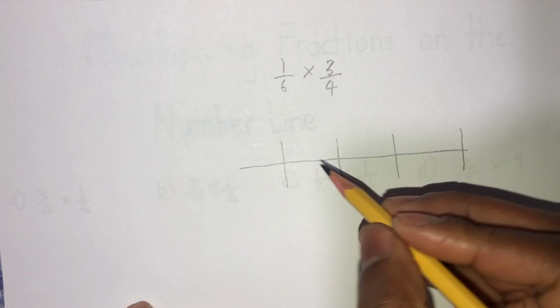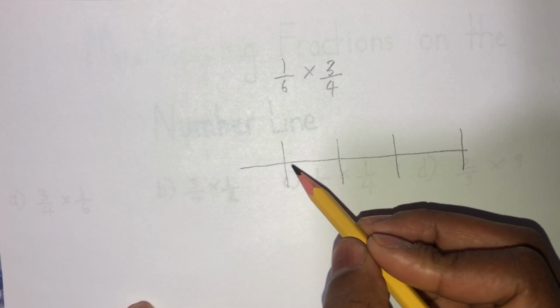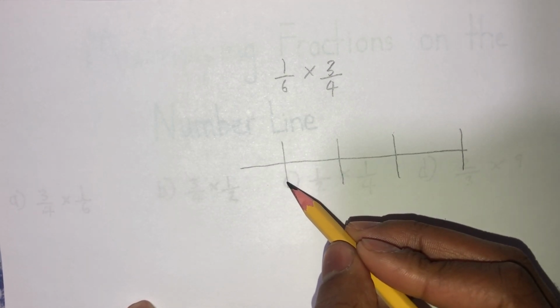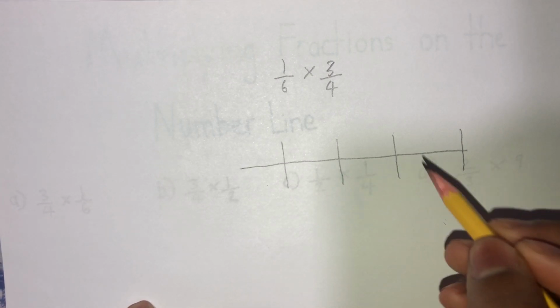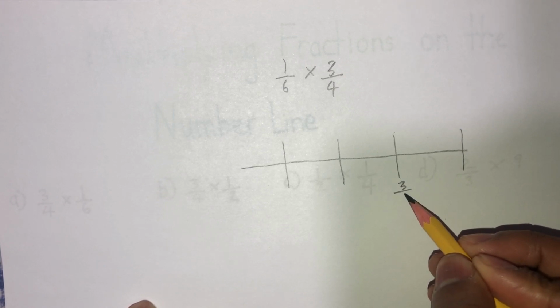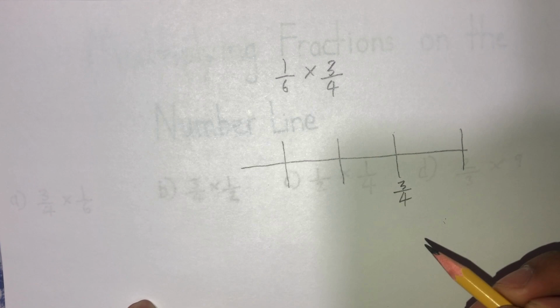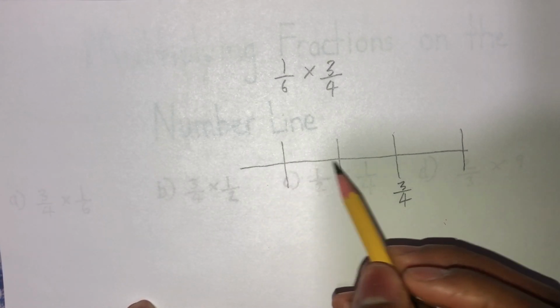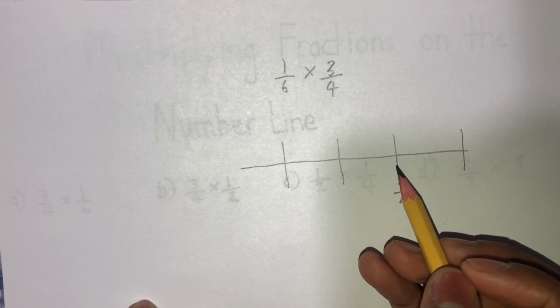Good. So now we're going to identify 3/4 on our number line. So 1/4, 2/4, 3/4. So this is 3/4. So we need to find 1/6 of the distance to 3/4.